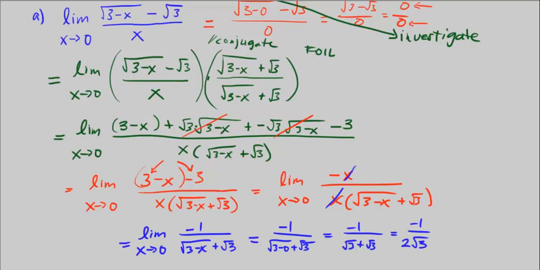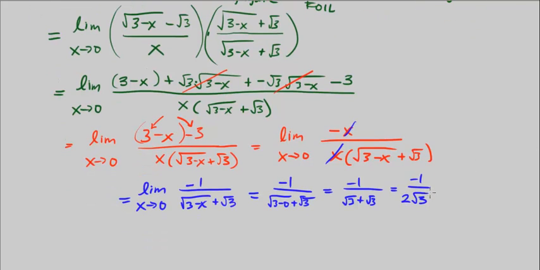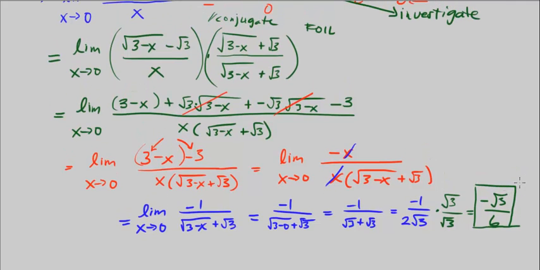The only thing we may want to do is get rid of the square root of 3 in the denominator, so we multiply by square root of 3 over square root of 3. That gives negative square root of 3 in the numerator over 2 times 3, which is 6, in the denominator. So that is the limit as x approaches 0 of our function.